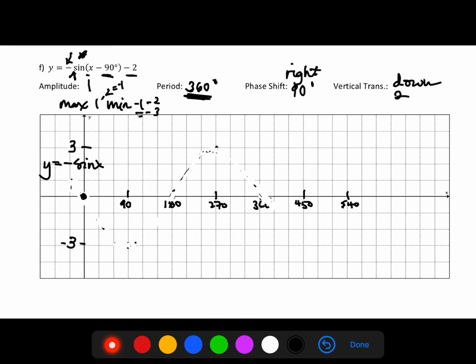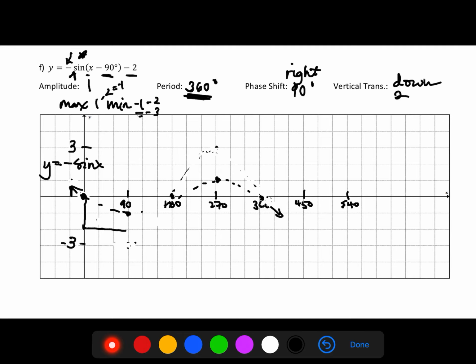Doesn't change our period. We're still going to move over 90. But our original graph, we're again using our reflection still, just means that we're going to make it a little smaller height-wise on the grid.